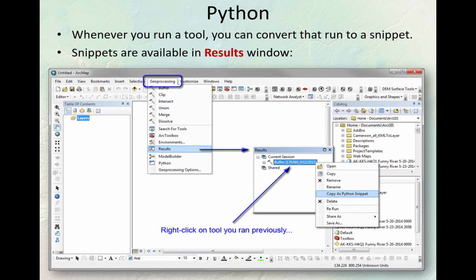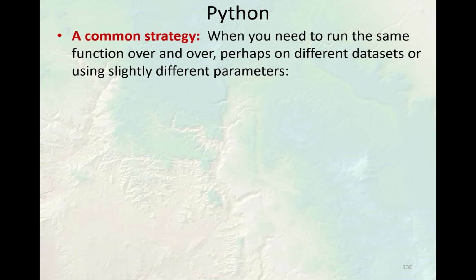So this leads to a common strategy people have, and this is something I do a lot. If I have to run a tool many times, maybe with very slight variations on each run of the tool, I might just run it once by clicking on the tool and running it through there.